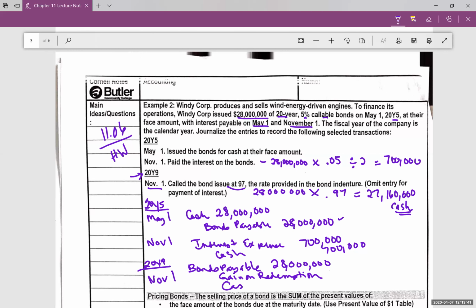The cash amount, which we've calculated, is 27,160,000. So this number right here is the difference between these two numbers, right? Because it has to be a credit for one thing, and the credit amount is 840,000.